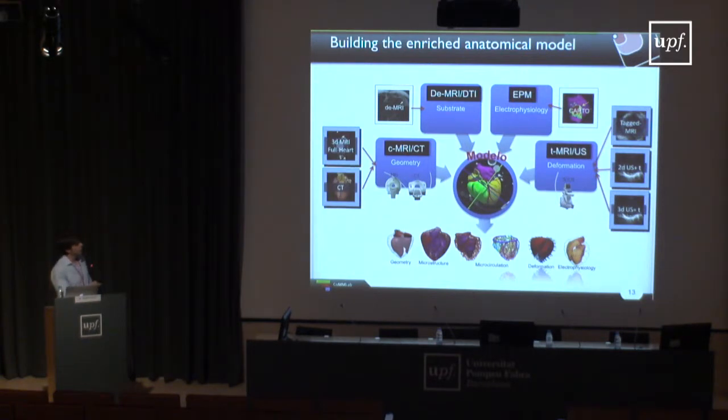And for that, we need to map all this data, again, into the model. If we have electrical data from the patient, let's say CARTO data, or other types of tools that can provide electrical information, we want to also add it. If we have information at the surface of the torso because we have ECG, we also want to add all this to this model that later is going to be used for simulation of different things, like it can be mechanics, electrophysiology, electromechanics, fluid dynamics, etc.